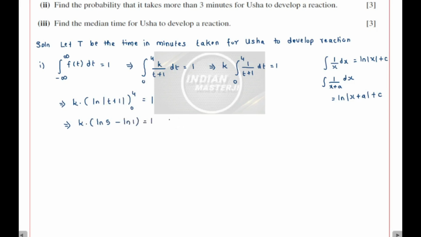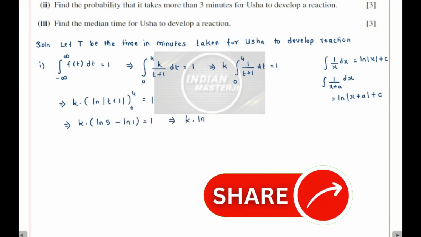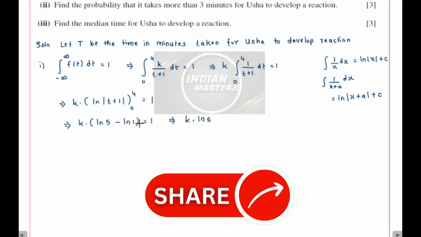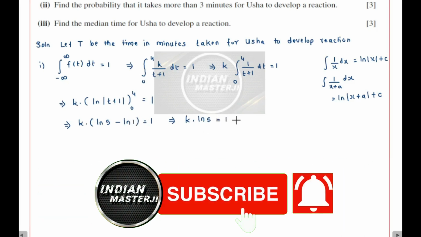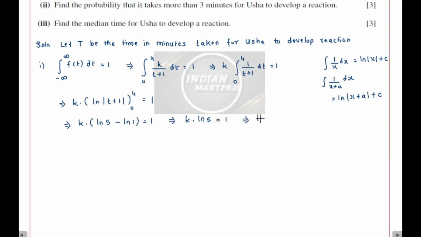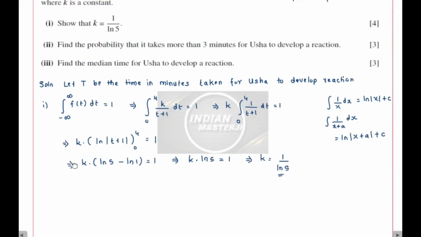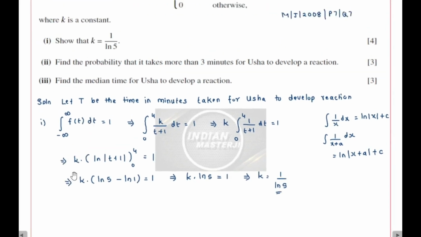This is equal to 1. So from this I get k into ln of 5, because ln of 1 is 0. This is equal to 1. So that means I get k as equal to 1 upon ln 5. Correct? So we have shown the first part.